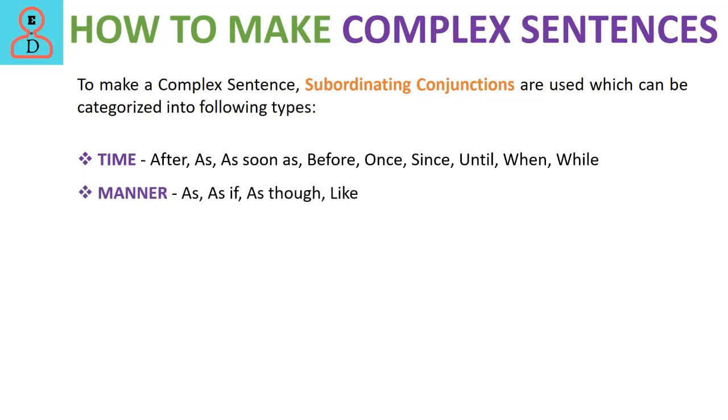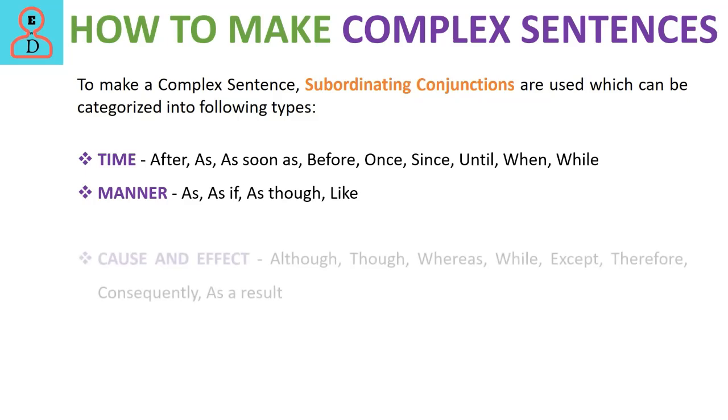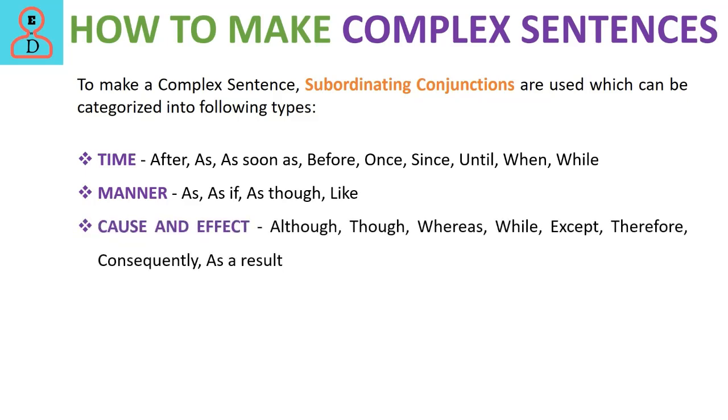Second is manner. In this category, the dependent part of the sentence will depend on the manner or type in which it happens. Again, notice the words which are used to describe the manner of the dependent sentence. Third is cause and effect.